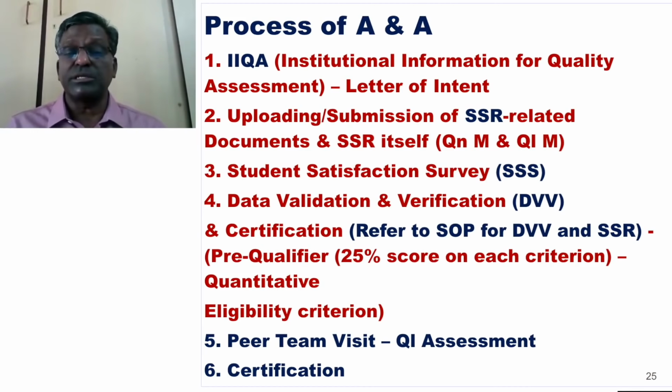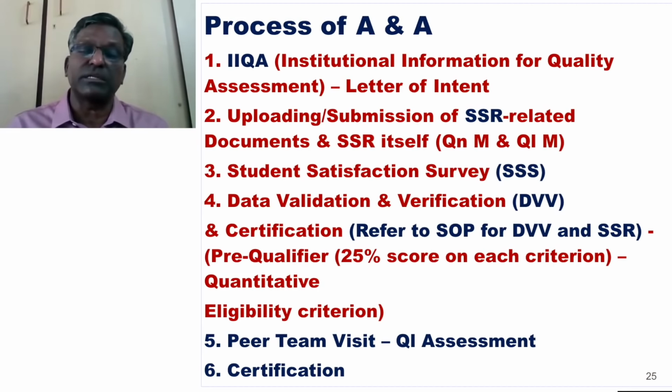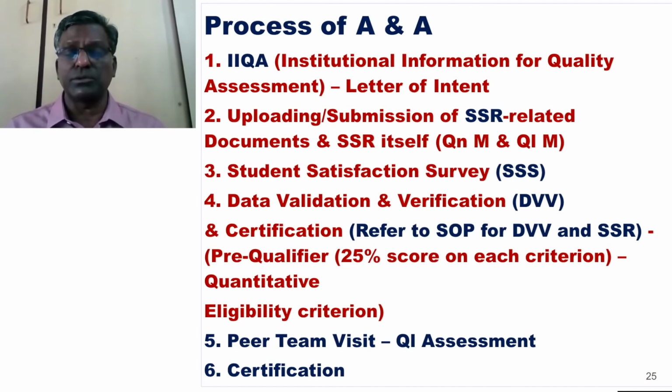And this peer team will look into only the qualitative metrics, because the quantitative metrics have already been verified and validated by a third party. Therefore, the team that visits the college or the university for an on-site inspection will look only into the qualitative metrics, and ultimately the results will be declared by NAAC and the certification will be issued.